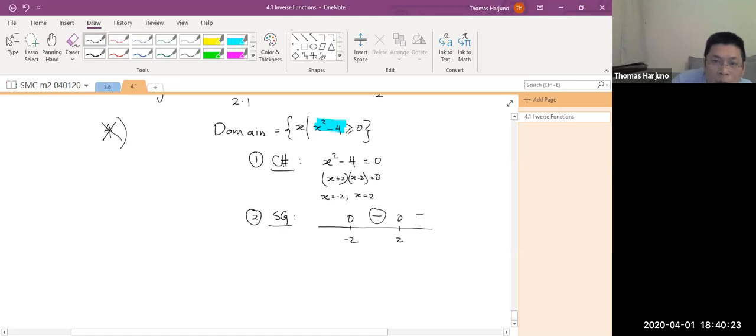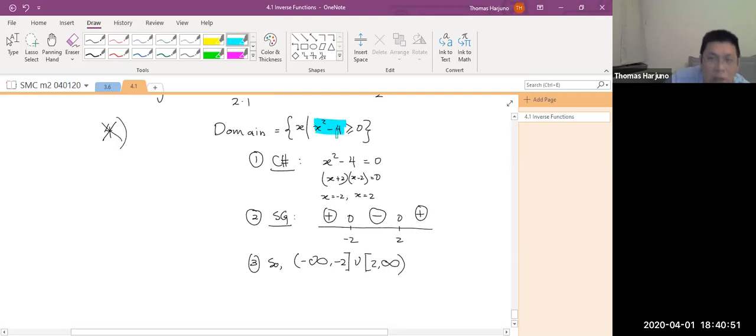This is plus, this is minus, this is plus also. So the solution for that inequality is negative infinity up to negative 2 bracket, union 2 to infinity.